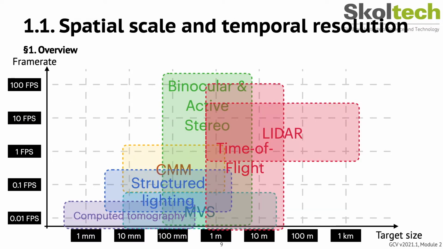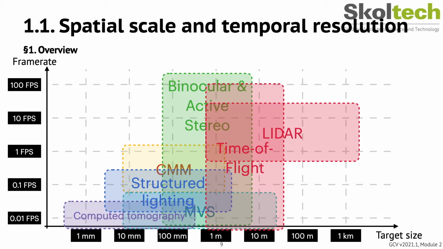One question to ask is, what is the typical scale of objects that can be simultaneously sensed, and what is the common time resolution of sensing? That is, how frequently can one obtain a novel measurement of the shape of the objects? This diagram roughly represents typical ranges of these parameters for a variety of sensor classes.